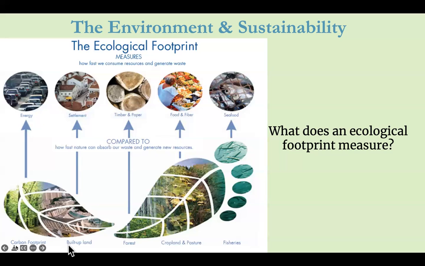And then finally, our carbon footprint is a reflection of our energy use, right? When we produce energy, we are releasing carbon dioxide into the atmosphere. So the ecological footprint is looking at how fast nature can absorb our waste and generate new resources.